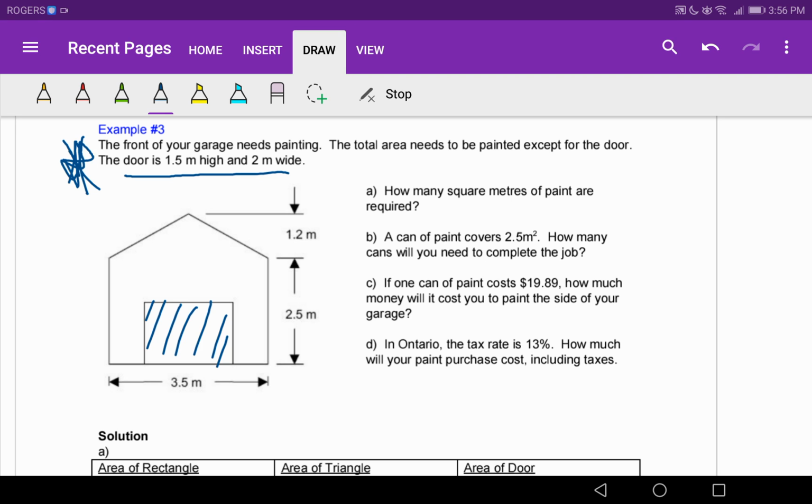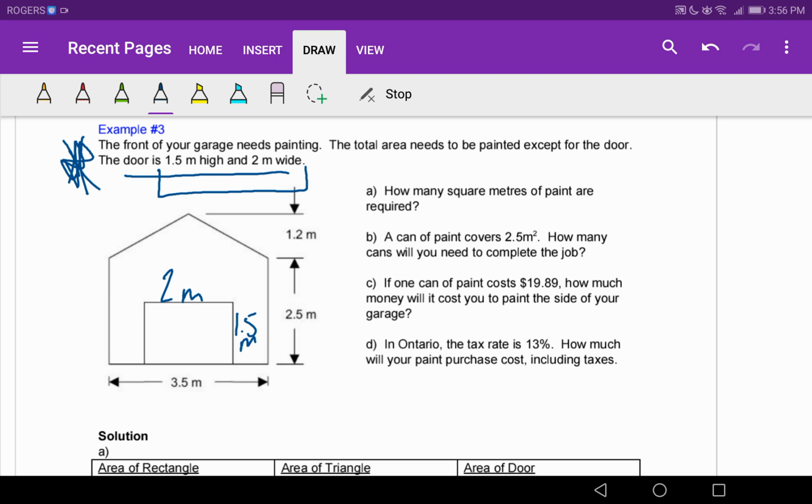We need to figure out, oh, my bad, I'm sorry. This is our door, in fact. Okay, this is our door. And so this door, they've given us the dimensions of. It is 2 meters wide, and it is 1.5 meters high. So they have given us those dimensions.